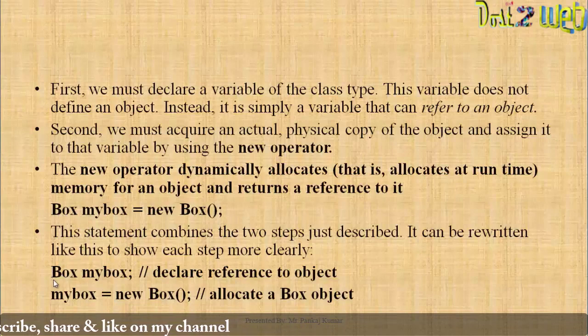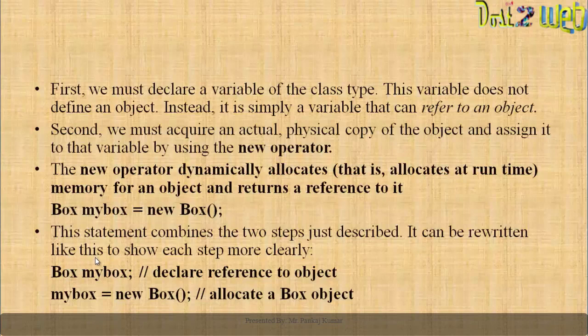Just write the Box class name, then use any object name. If you remember in C++, when you want to create the object, you write class name, space, object name. Here, in a similar way, you write class name and object name. So what happened here? You are declaring a reference to an object. So myBox is a reference to Box.